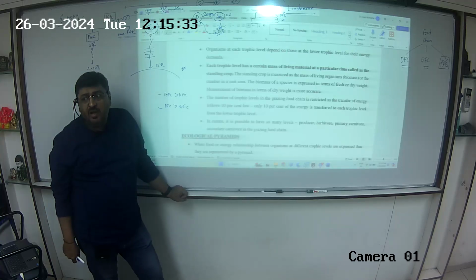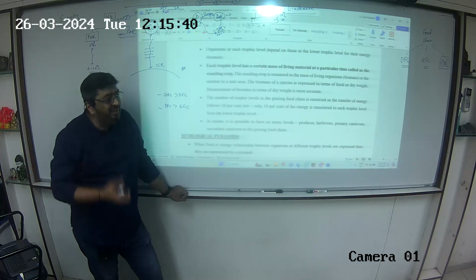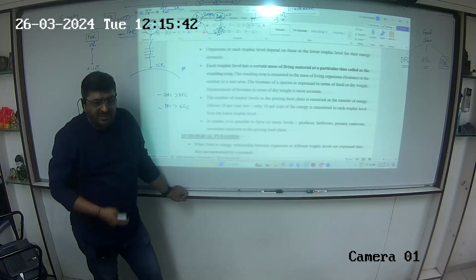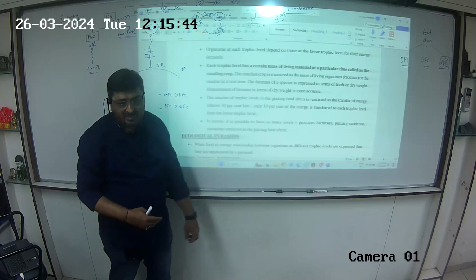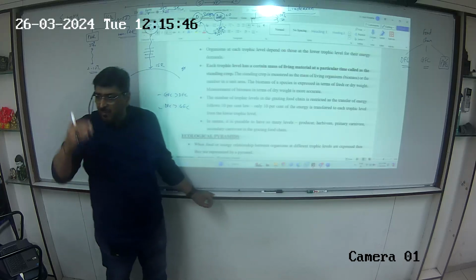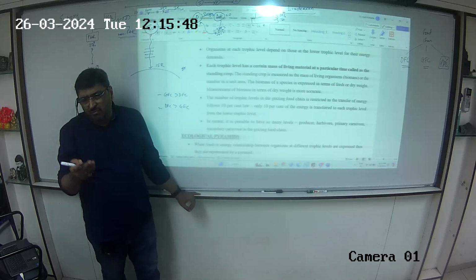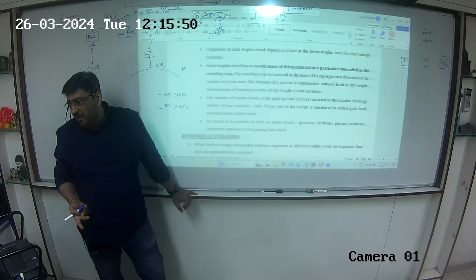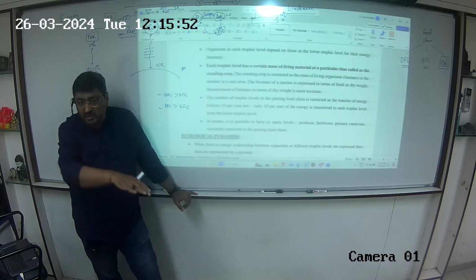So for the ecosystem to sustain, the energy starts diminishing. So it cannot sustain an infinite number of trophic levels. We'll find that the number of levels in a grazing food chain could be a maximum of 5 or 6, not more than that, depending on the amount of energy in the producers also.